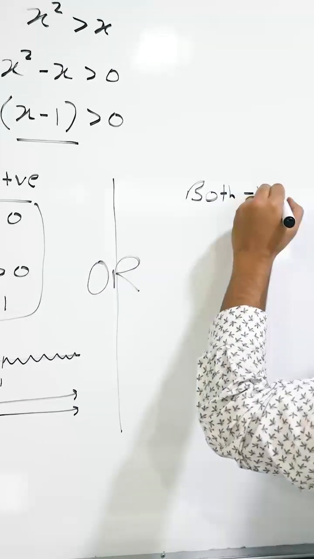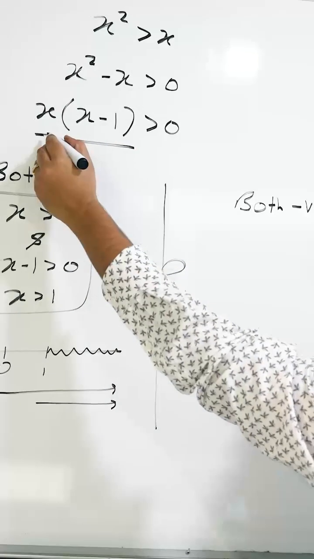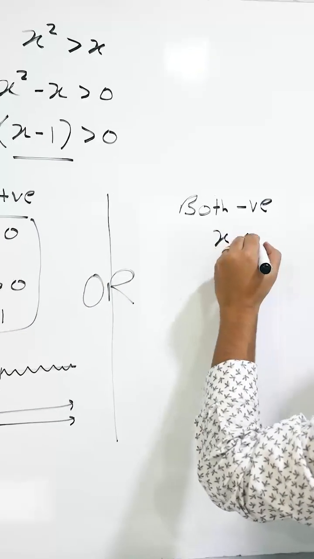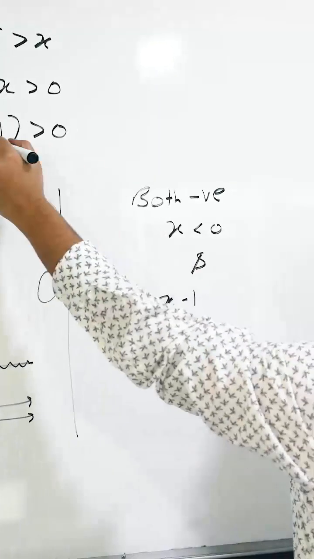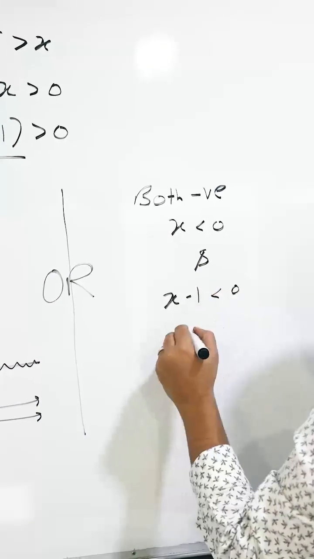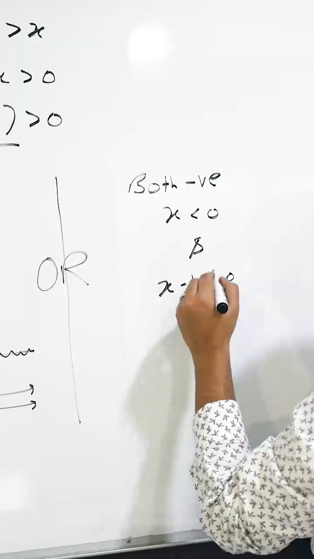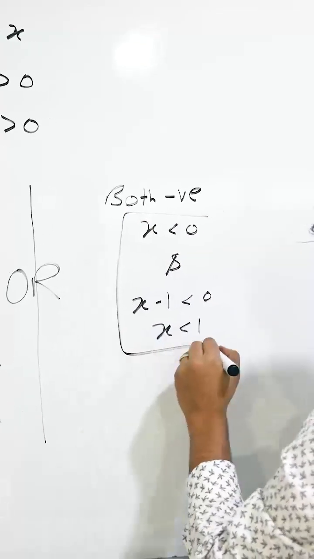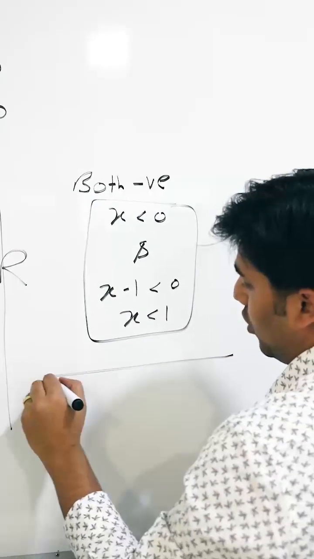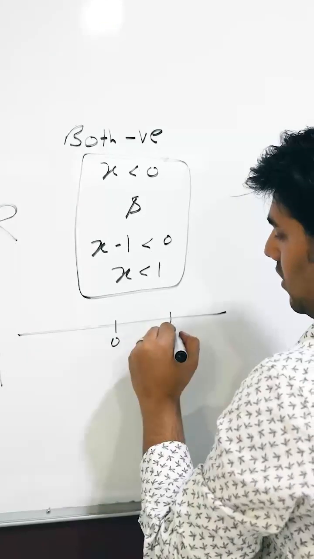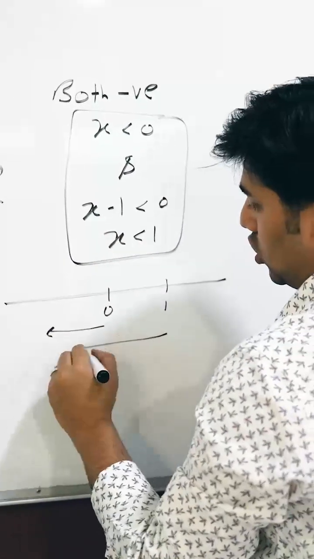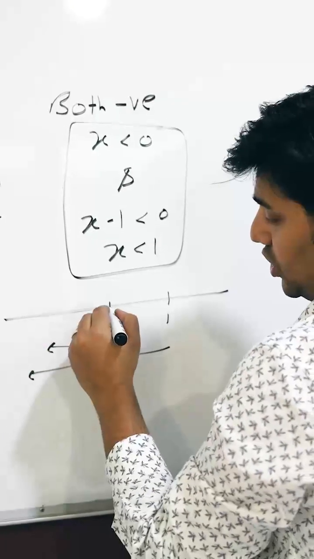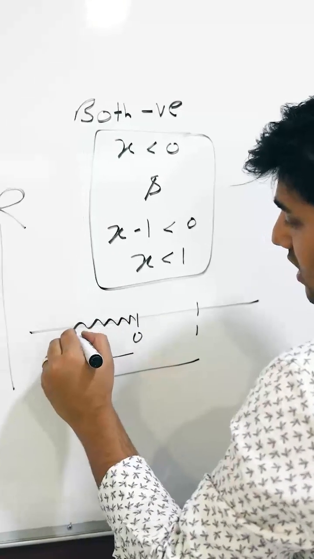Both negative. Now if both of them are negative, that means x will be less than 0 and x minus 1 will also be less than 0. That will make x less than 1. Now if I take this as a solution and try to put it on the number line, what will I get? I realize that x is less than 0 and it is also less than 1. So what's the common region? The common region is less than 0.